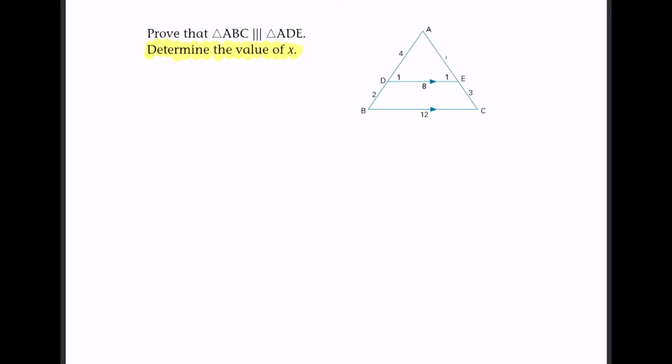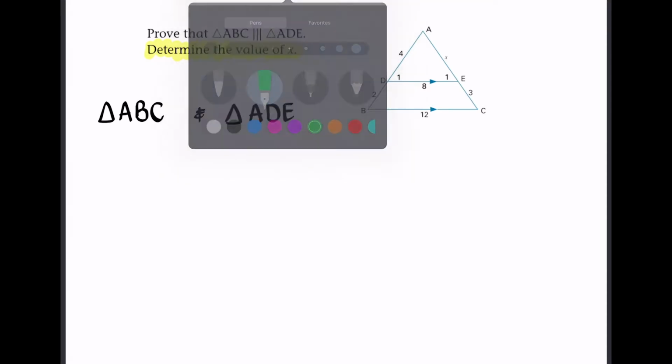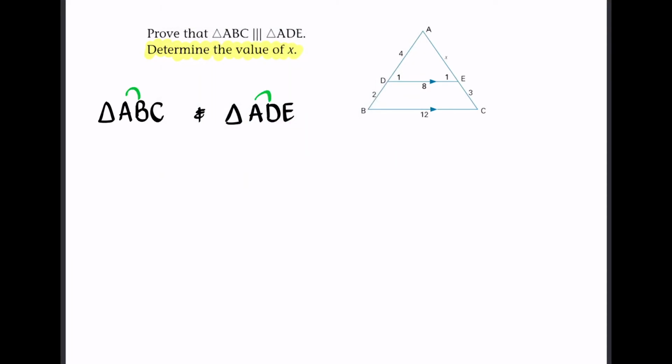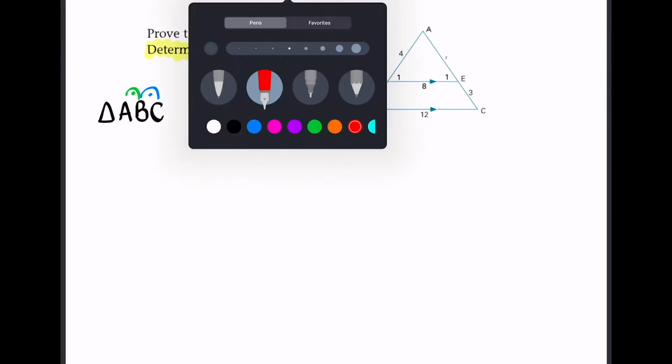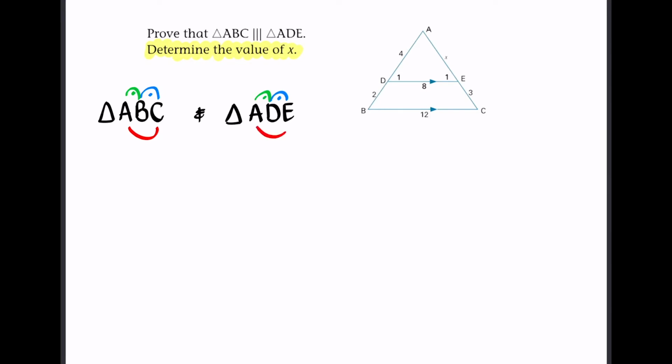So if I have triangle ABC and triangle ADE, my first step is my frog face. So I have the left eye of each of these triangles, I have the right eye of each of these triangles. So that's going to give me my sides that are in proportion. And then I have the smile of each of these triangles.